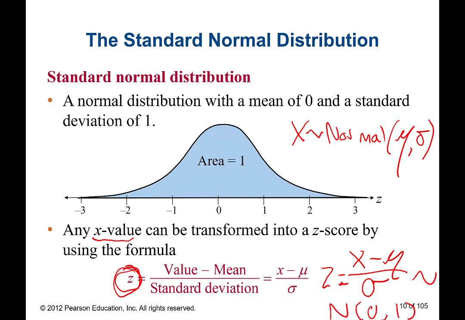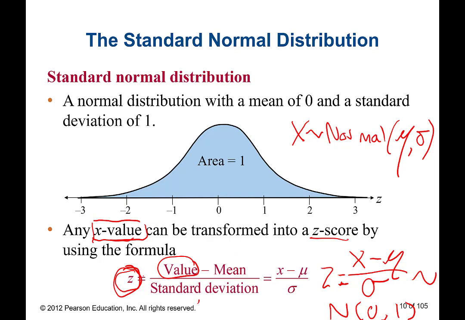In other words, we can transform any normal random variable into a standard normal random variable. And any value of x can be transformed into a z-score by taking that value minus mu divided by sigma. This is a pretty cool, pretty powerful thing we can do.